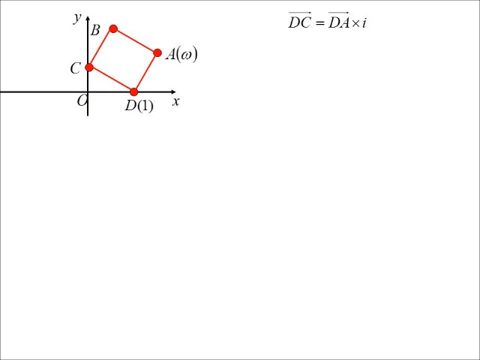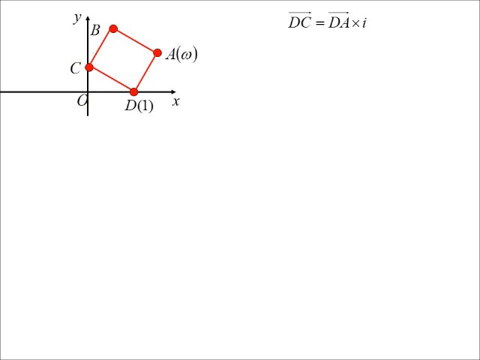Vector DC, arrow on the top, the arrow is in the direction of the vector. So D is the tail, C is the head. So we're saying DC, we're going from D to C. And DA, D again is the tail, A is the head. So what we're saying here is this vector DC is the vector DA rotated by i. The length has stayed the same, but we've rotated it 90 degrees.